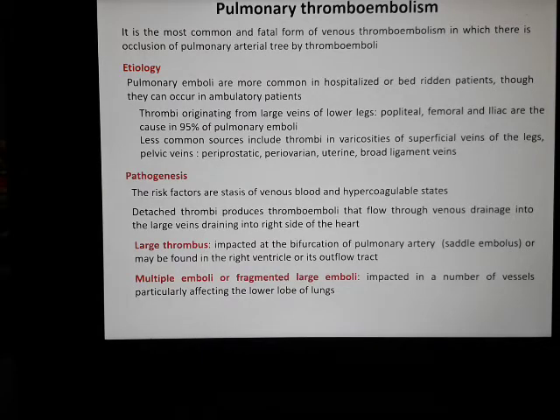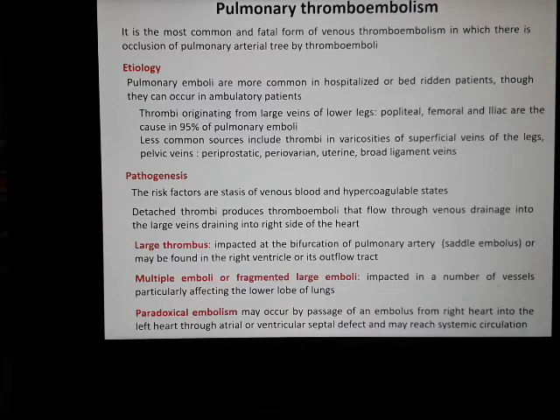So if the thrombus is large, it will be impacted in the bifurcation of the pulmonary artery. If it is fragmented into multiple very small emboli, then they will be impacted in a number of vessels, and will mainly affect the lower lobes of the lungs.